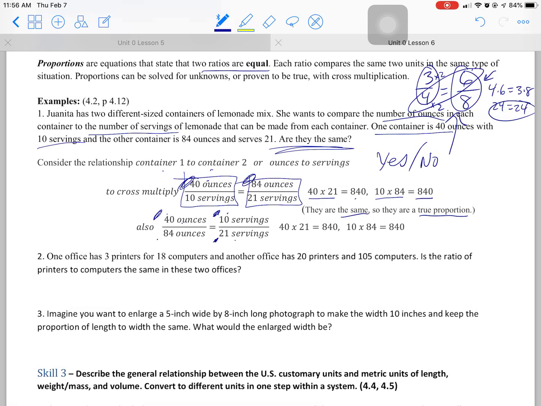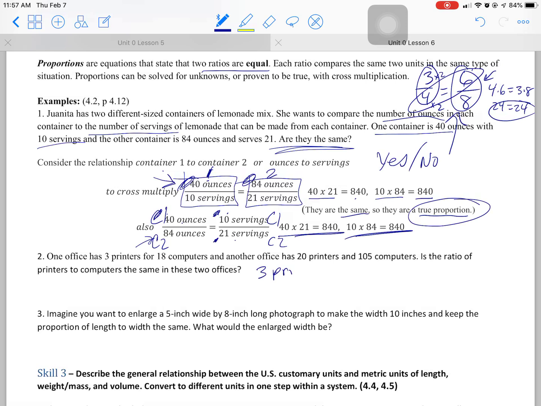You can't just do this any old way. This is all 1, this is all 2. This is how I recommend it. This one's a little more confusing. Just make sure that this is container 1 and this is container 2. As long as you're consistent, you will still get your 840 and your 840, so it's still a true proportion. Okay, so let's try this one.